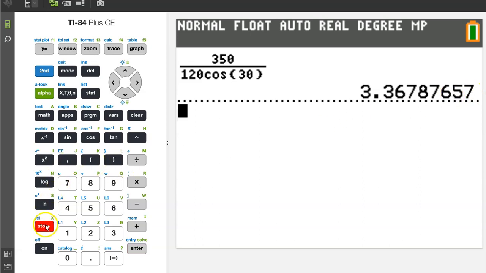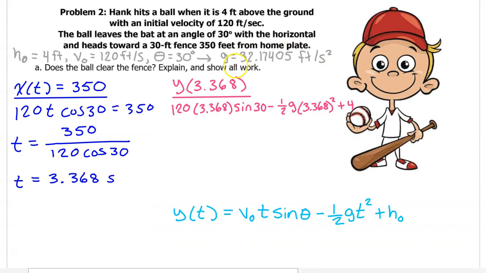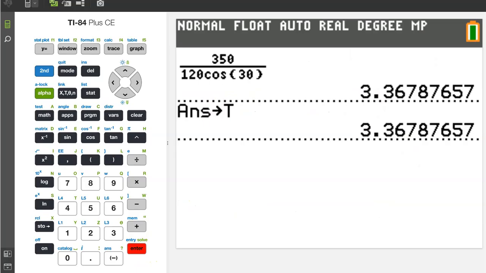So if we just hit store right now and choose alpha t, now we are using all of those decimals whenever we use the letter t. I also would like to store this value of g into letter g on the calculator. So let's type in 32.17405 and hit store alpha g.